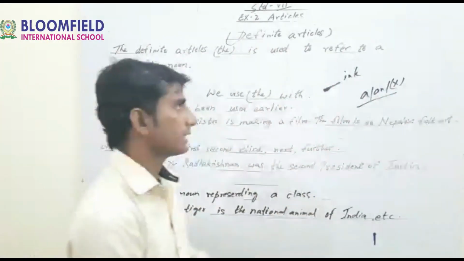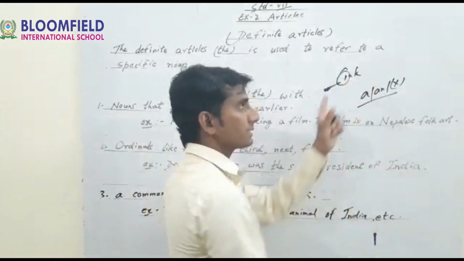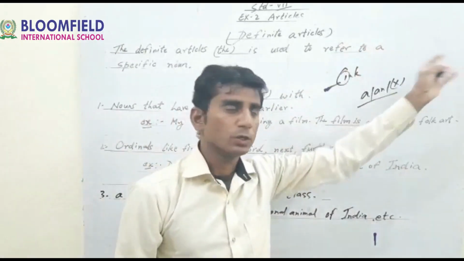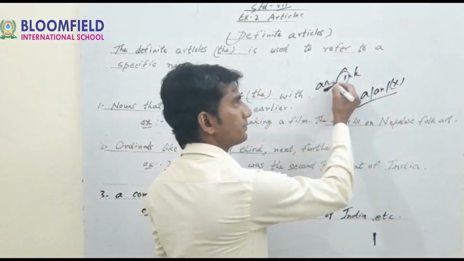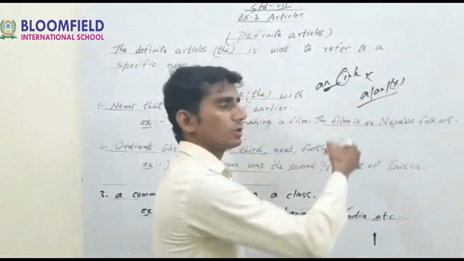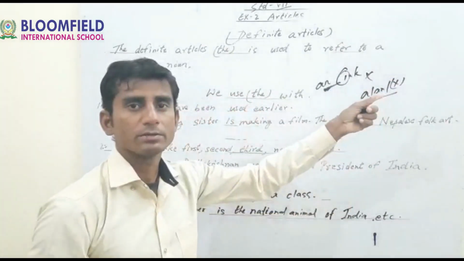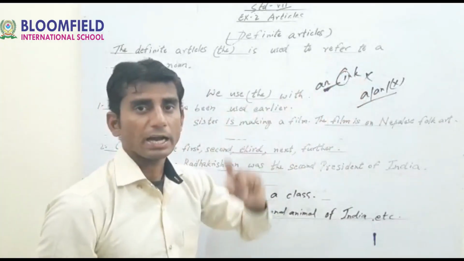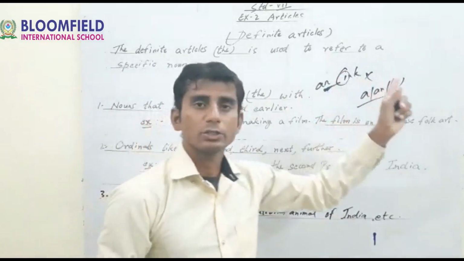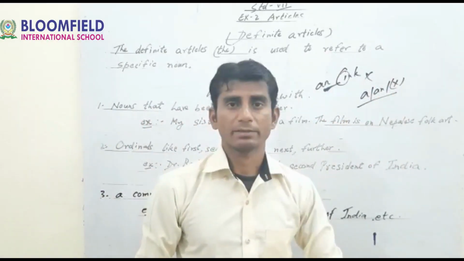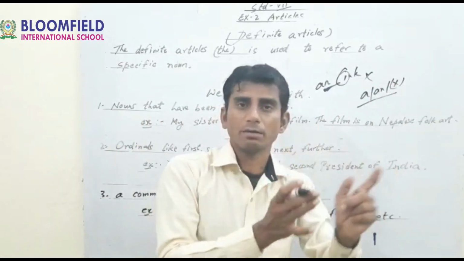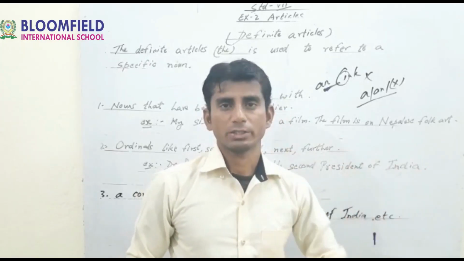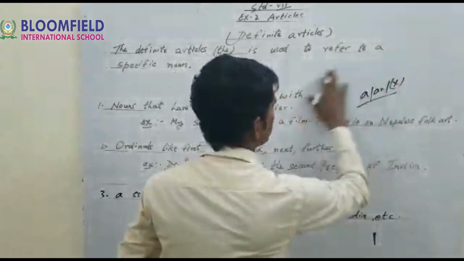If you see the first word and think it belongs to the vowel sound, so I will use "an", then your answer is wrong here, because ink is a material noun and in material nouns no article is used. Always remember that. Suppose milk, we don't write "a milk" or "an milk". Milk is white. Okay? Done.